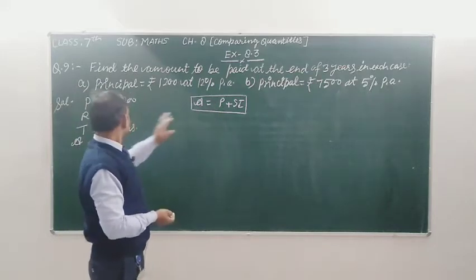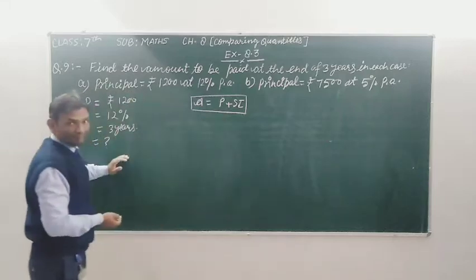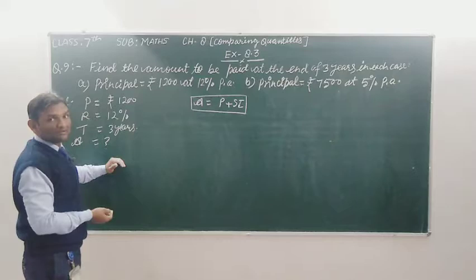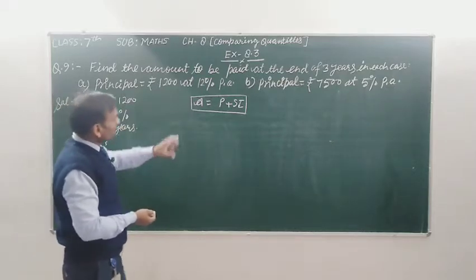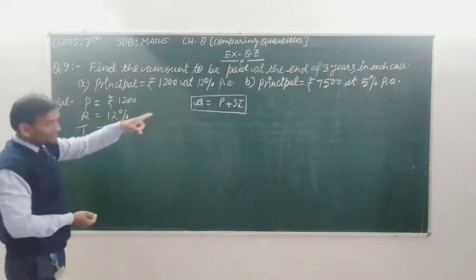P is given in the question, but SI is absent. SI is not given in the question. So firstly, for finding the amount, we have to find out the SI.